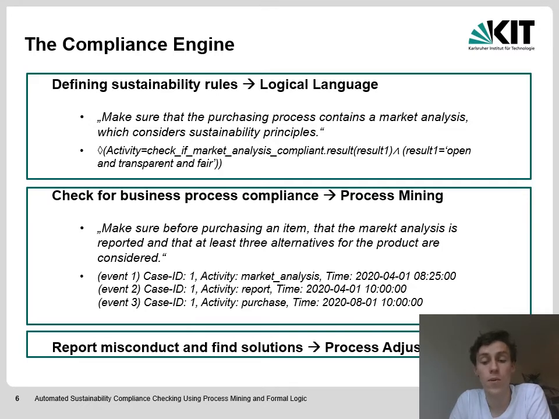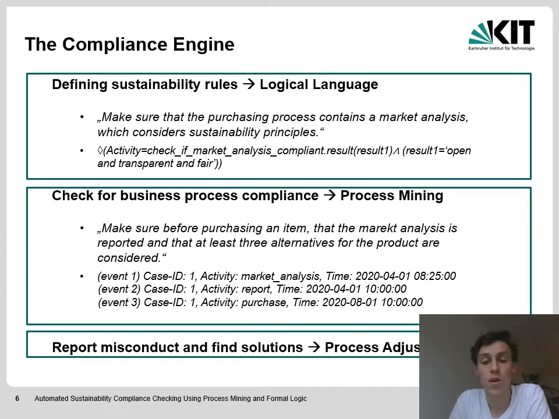So my focus for compliance checking will be on processes, and I want to use process mining in order to automate the compliance checking. So for the process, the defined sustainability rule could state, make sure before purchasing an item that the market analysis is reported and that at least 3 alternatives for the product are considered.